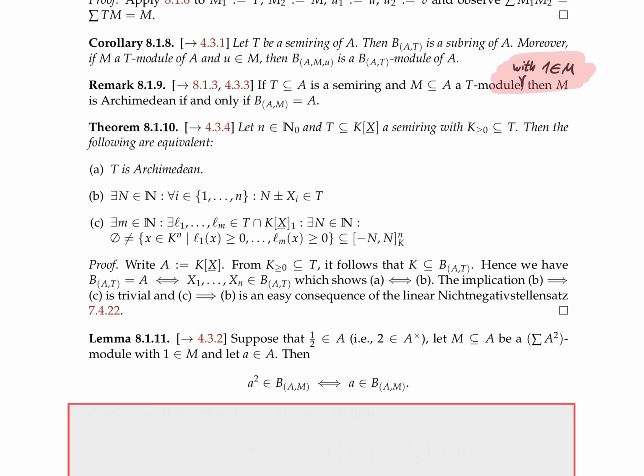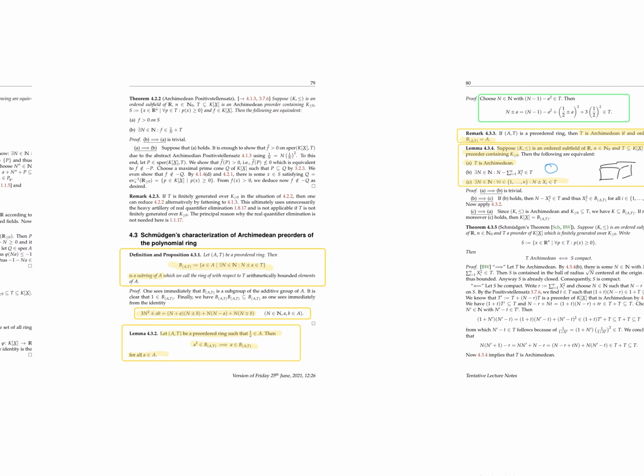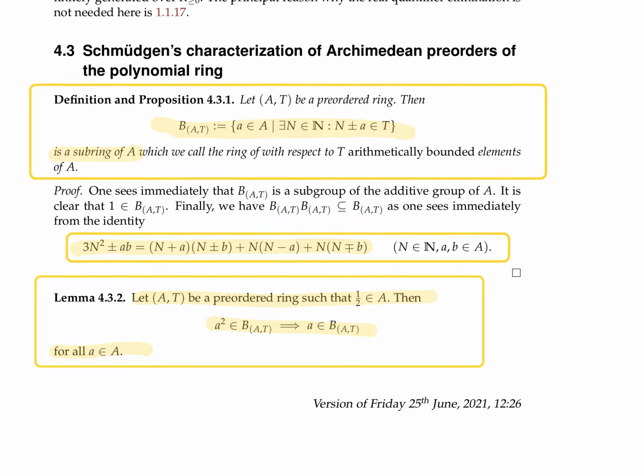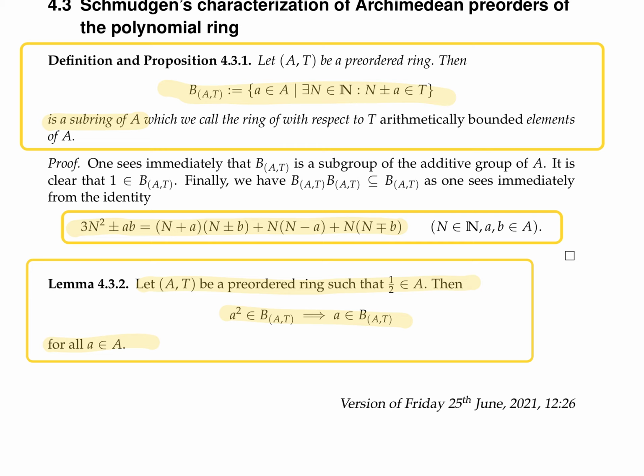Compare also 432. Right, so here we had, the direction from right to left was actually trivial, because there B was actually a subring.